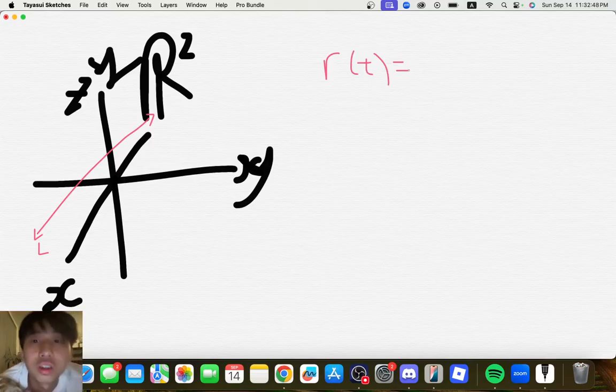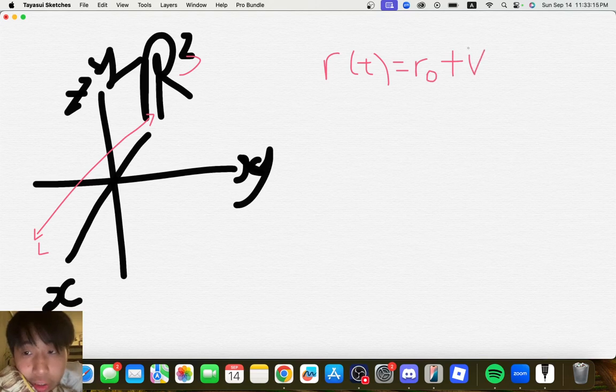And R of t is a vector, but we're defining the line as kind of this vector. And this is the vector form of a line in 3D. So R of t equals R0, which is the initial position of a vector, plus a vector parallel to the line times a parameter t. I'll get into what all this means first.